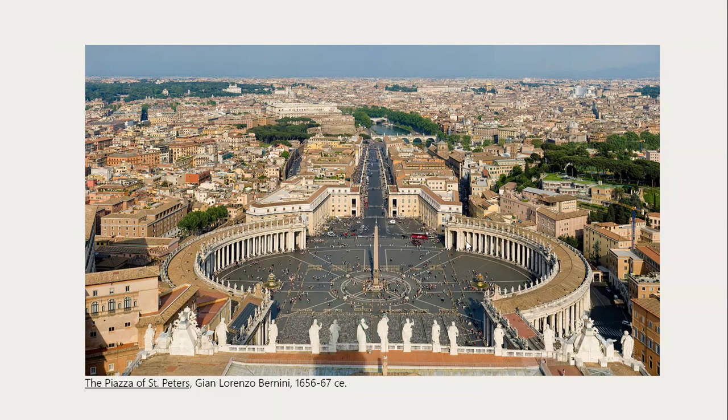It's an extra credit question that shows up a number of times: what is the order of architecture being used here in the Piazza of St. Peter's, designed by Bernini? The Renaissance artists looked at the different styles of architecture, and instead of seeing three orders, like what we know from classical Greece, the Doric, the Ionic, and the Corinthian, they thought they saw a fourth order in some of what the Romans did.